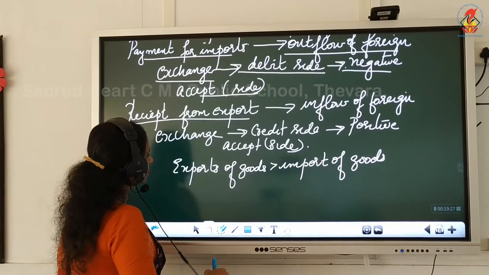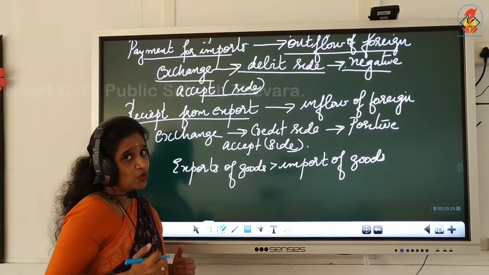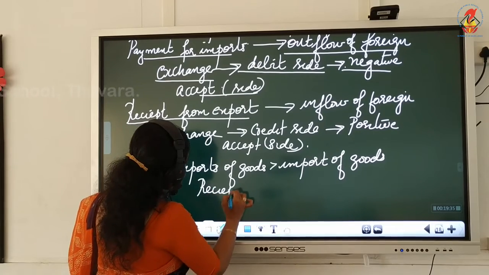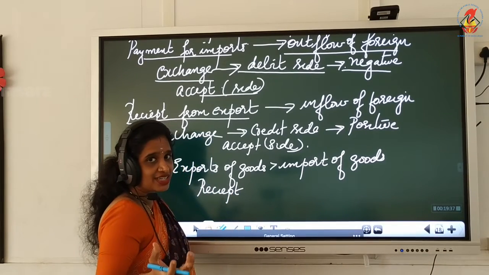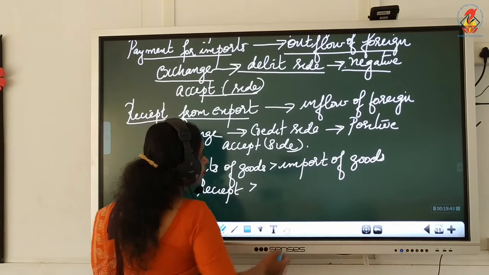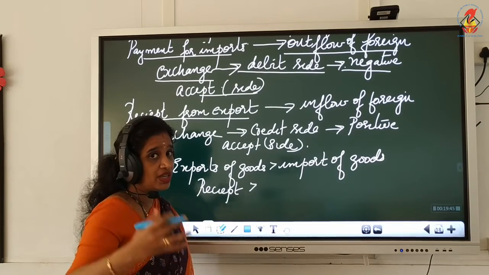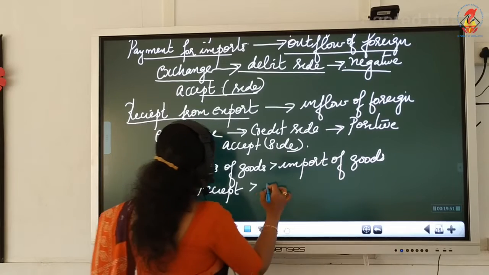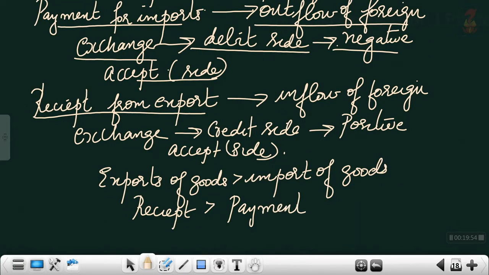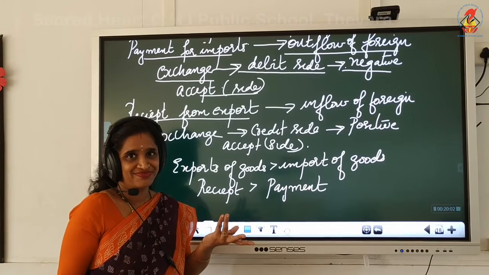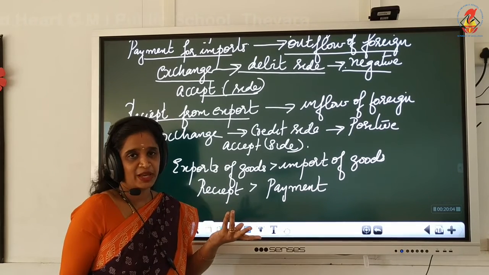If export of goods is more than import of goods, through export what are we getting? Receipt. We are selling goods to other countries and for that we are getting money. Receipt is greater than payment. When we are importing, we are buying goods from other countries, so our money is flowing outside. That means we are making payment. In that case, receipt is greater than payment. We are happy. Surplus is there.